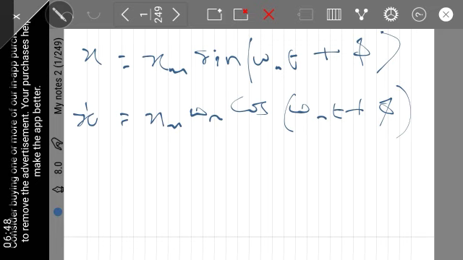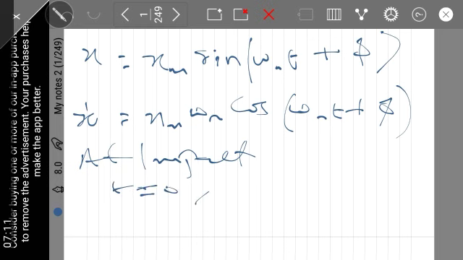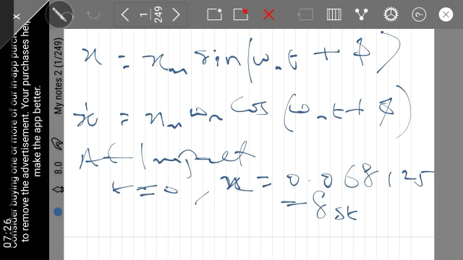And then as impact, we are considering when the collar hits the spring. At impact, t is equal to 0 for the spring, and the x of the spring is 0.068125, which is the static deflection. The x is the original position of the spring.